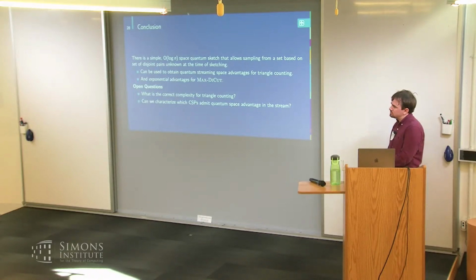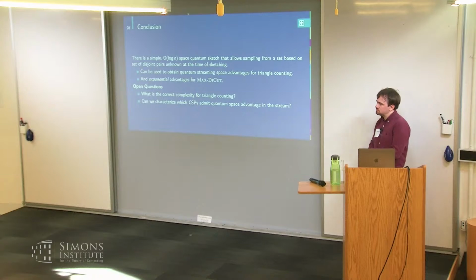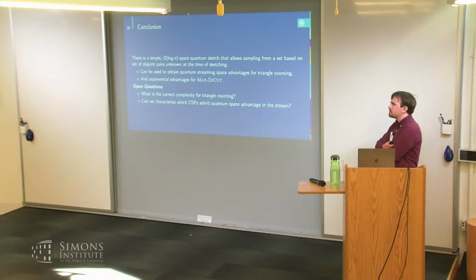Hi. If I understand correctly, for the Max-Cut lower bounds, if we want to beat half approximation for both classical and quantum, it requires omega n space, right? That's right. If we're in the setting where we allow omega n space and want to do some sort of epsilon approximation, is it possible there's a quantum space advantage if we consider dependence on epsilon?